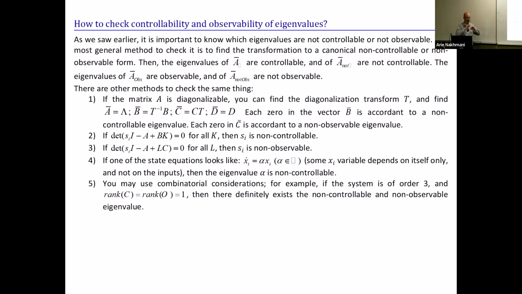So regardless of what the system was, if I know that information, which is very easy to compute, these are just eigenvalues of your open loop system, right? And you can compute the rank of the controllability, the rank of the observability. These are the 3 numbers that I need to tell you that you cannot stabilize the system and you cannot design an observer for the system. Done. You don't need to compute anything else.